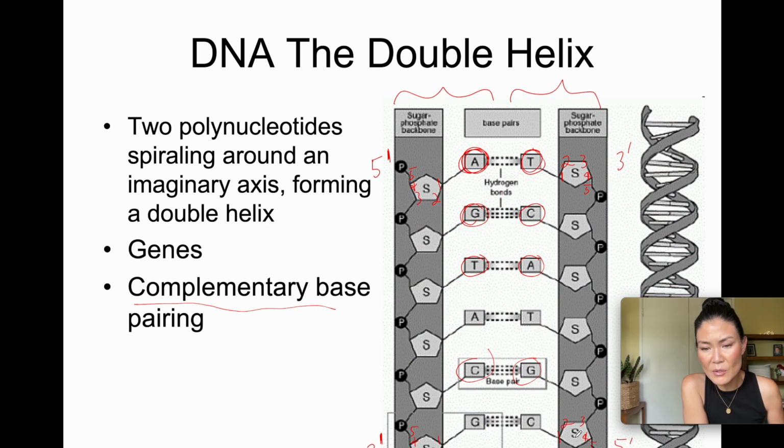Carbon 5 is closest to this end, down at the bottom. So you have two strands that are parallel but going in opposite directions, and when we say direction, we're just referring to the 5' and 3'. One DNA strand is 5' here, 3' there. The other strand is 3' here, 5' there. So they're opposites, in opposite directions.